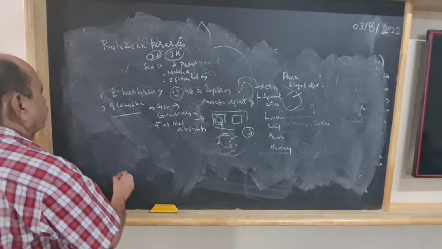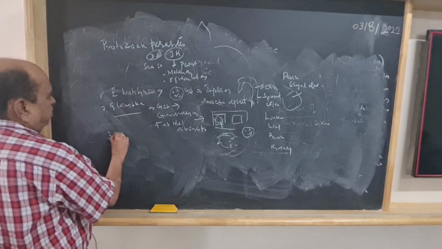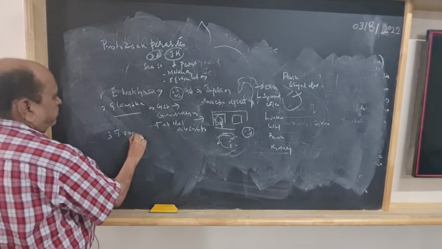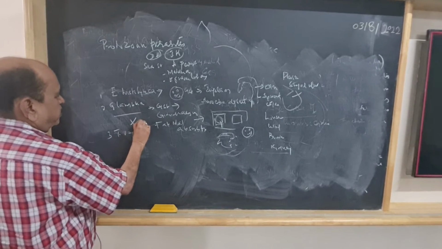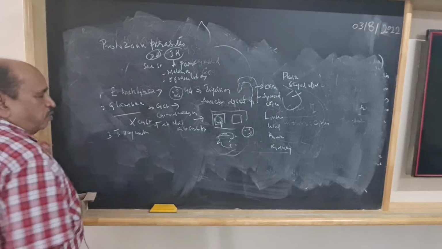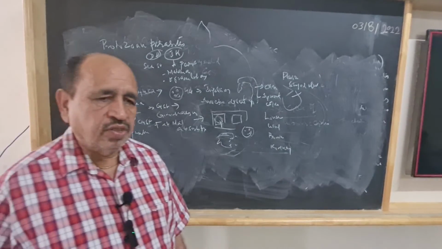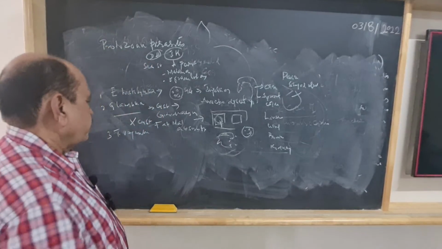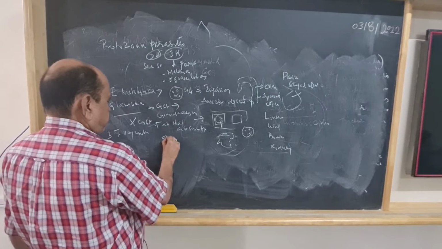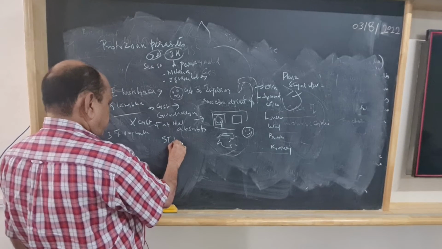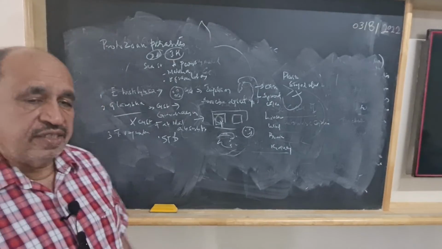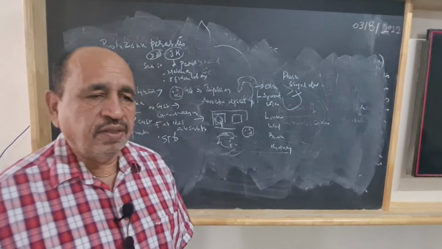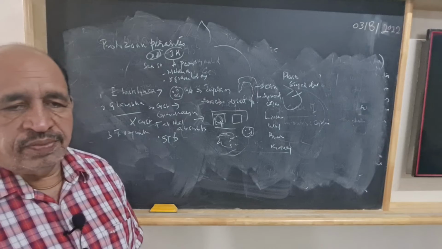Third parasite in this group is Trichomonas vaginalis. Please remember there is no cyst in this. Only trophozoite. It is a sexually transmitted parasitic disease.